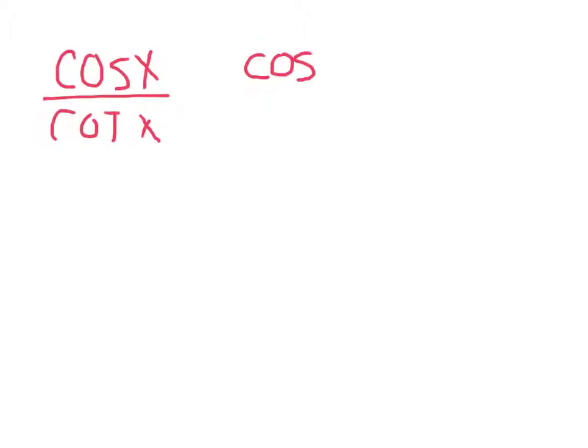Let's simplify cosine of x over cotangent of x. So I want to write these both in terms of sine and cosine. So this is going to be cosine of x over cotangent. Tangent's sine over cosine, so cotangent is cosine over sine.